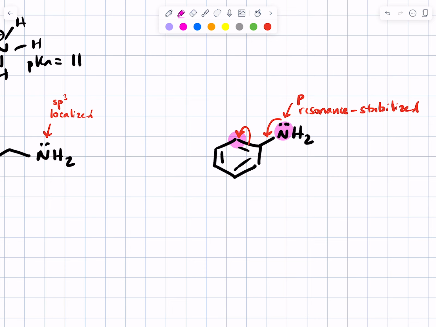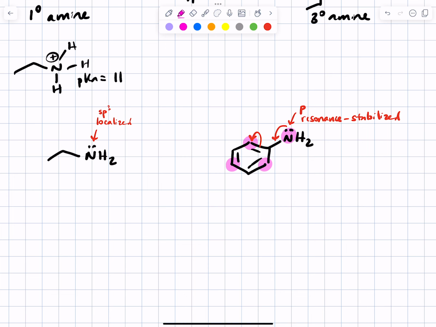I'll just highlight the three other carbons that lone pair can be delocalized on. So the fact that the lone pair in aniline is resonance stabilized means it's lower in energy and therefore less reactive as a base, less basic.